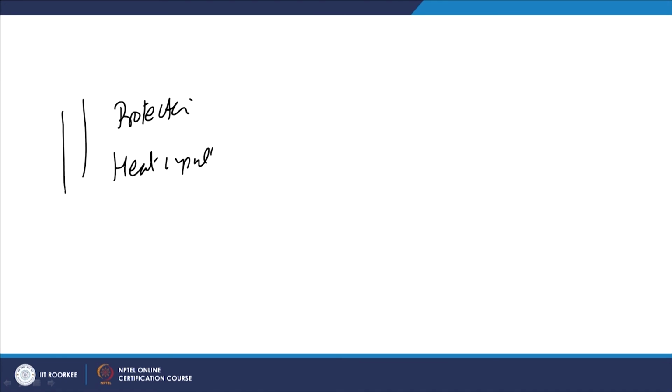As far as protection is concerned, in different processes like gas welding, there is no protection, or we can use flux for removing the impurities if they are formed.